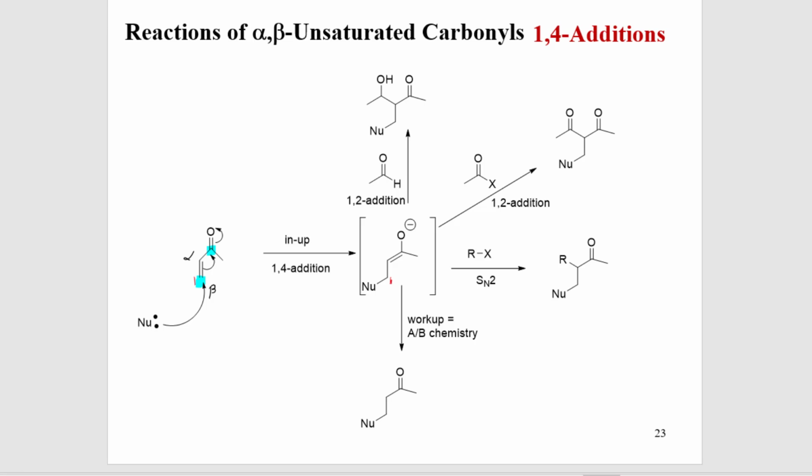The nucleophile has been added to carbon 1, and now you can see that the electrons flowed all the way up to the oxygen. So 4 atoms were involved. This is a 1,4 addition, as opposed to a 1,2 addition where you attack the carbon and push the electrons up. There's only 2 atoms involved, a 1,2 addition. Here, we're involving a whole series through the flow of electrons from 1 to 4.